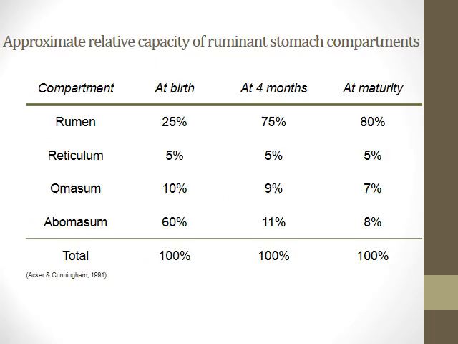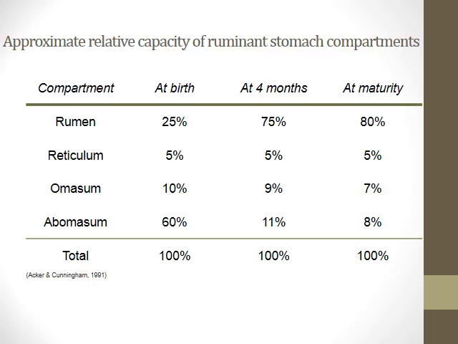The last thing I want to point out here is that the size of the stomach shifts in ruminants when they are born compared to at maturity. At birth, the rumen is approximately 25% of the total stomach capacity, whereas the abomasum is a good 60%.